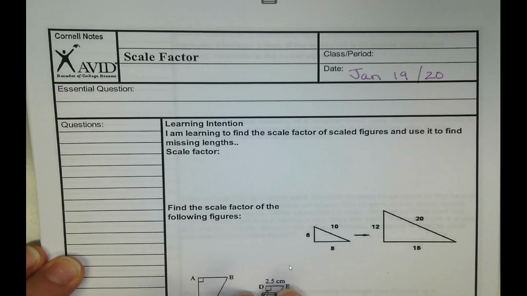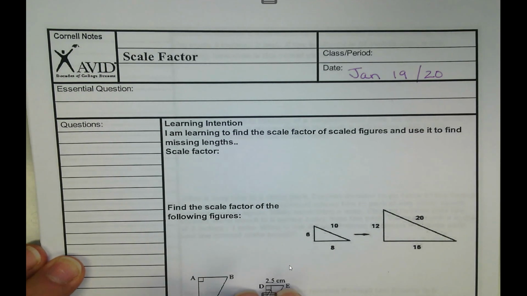The essential question is, how do I find the scale factor and missing links?